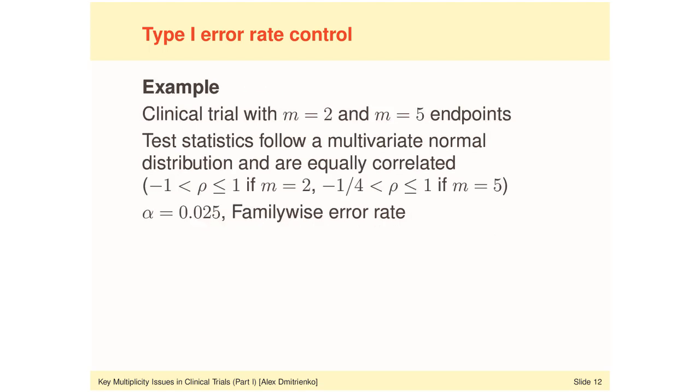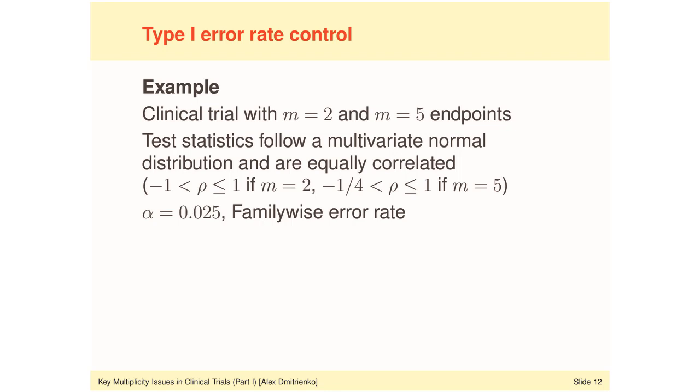And now, as an illustration, let us consider a clinical trial with 2 or 5 endpoints. These are two extreme cases. And we will assume that the hypothesis test statistics follow a standard multivariate normal distribution under the global null, which means that all of the hypotheses in this multiplicity problem are actually true.